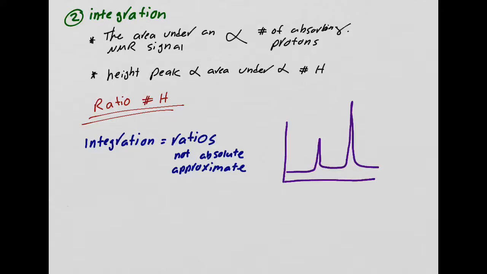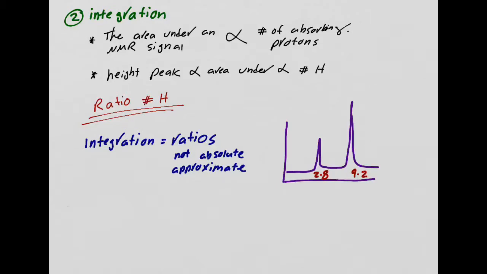The NMR spectrometer is going to automatically calculate it and plot it for me, and give me a ratio. Now, when I get my spectrum, let's say the NMR tells me 9.2 and 2.8. Okay? So these are the integrations that the NMR spectrometer gives me.